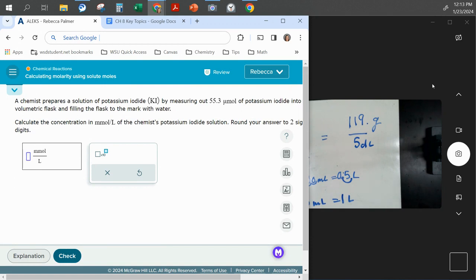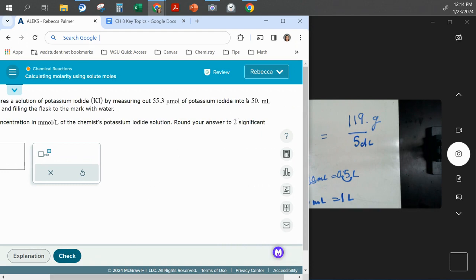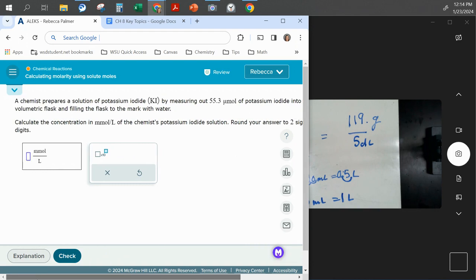A chemist prepares a solution by measuring out 55.3 micromoles of potassium iodide, and then fills it to a 50 milliliter graduated cylinder. Calculate the concentration in millimoles per liter.